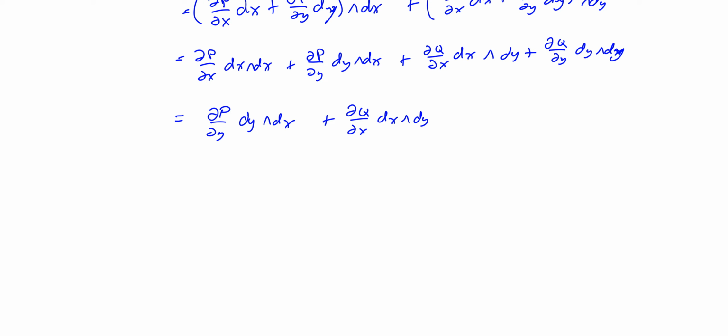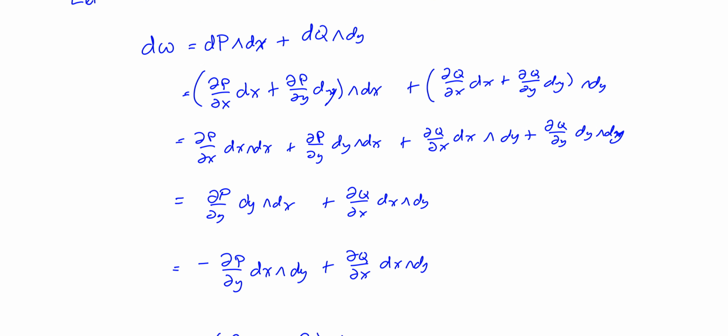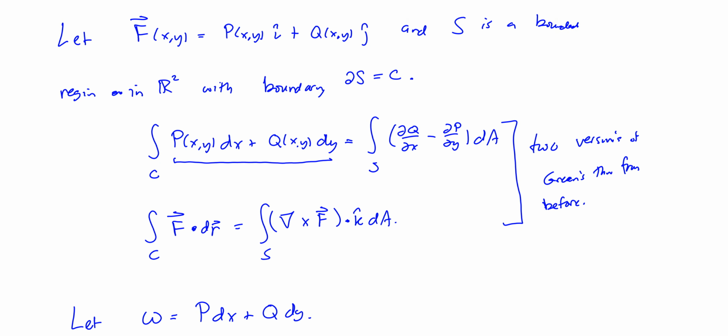Now if we change the order of the dy and dx here, I get negative partial P partial y dx wedge dy plus partial Q partial x dx wedge dy, which is exactly partial Q partial x minus partial P partial y dx wedge dy. And that should look pretty familiar. If we look above, that's exactly what was showing up in our surface integral there.